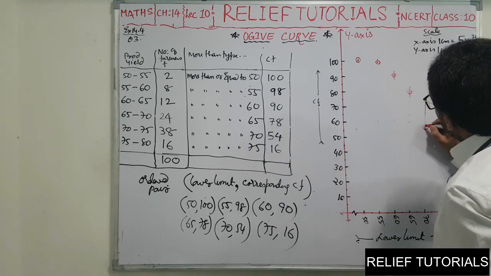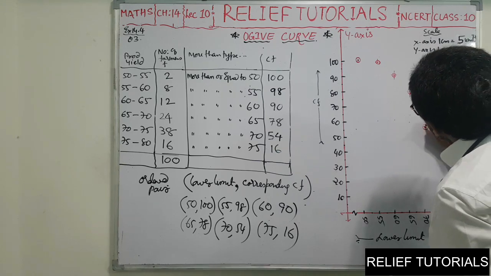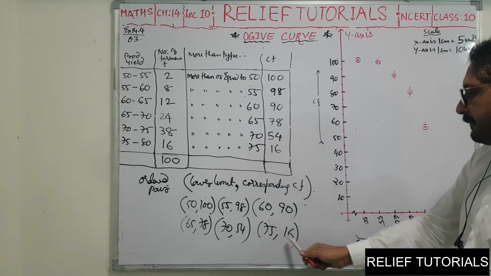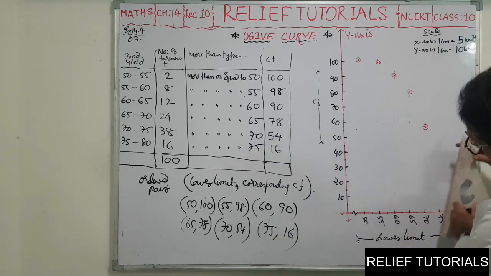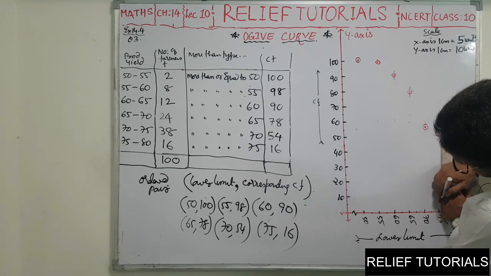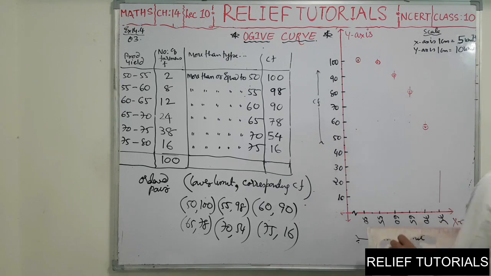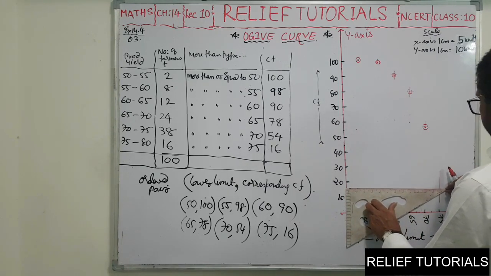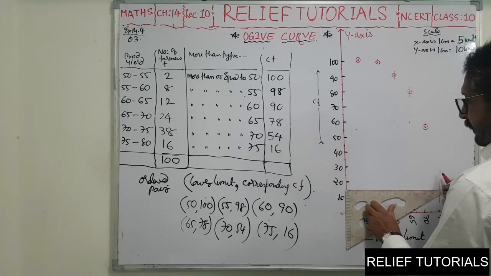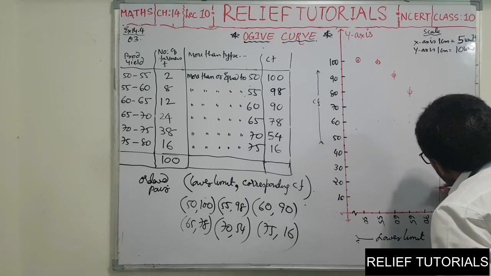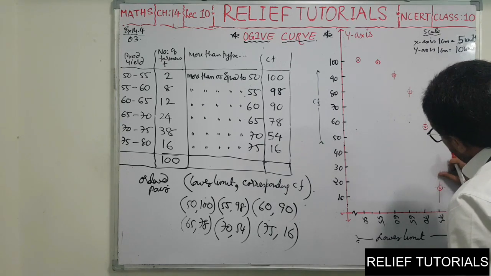So this will be our point. Clear? Now 75, 16. So this is 75. 16, 10, 15, and this is 16. This will be our point.